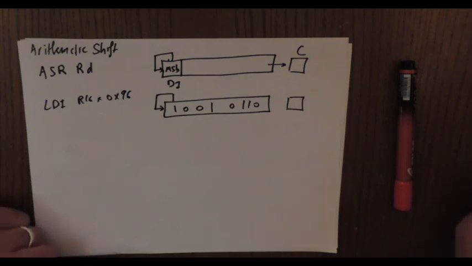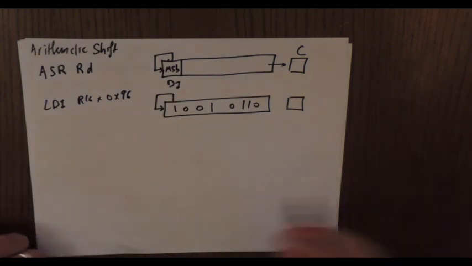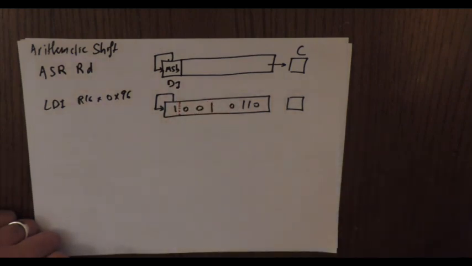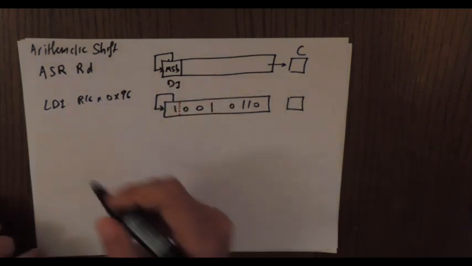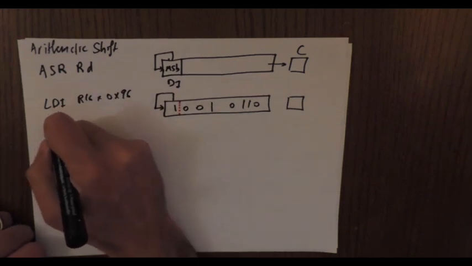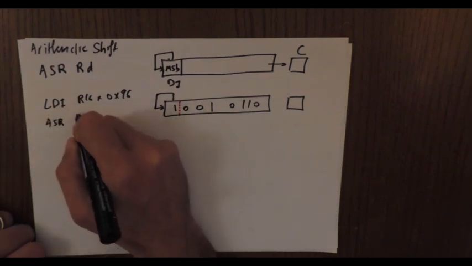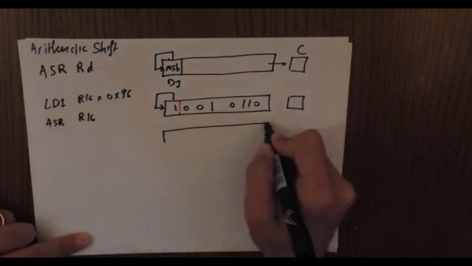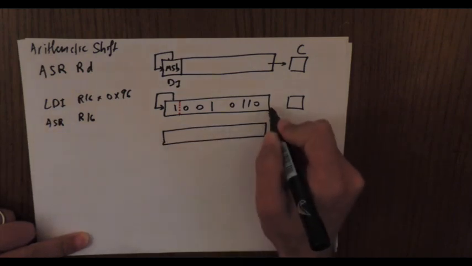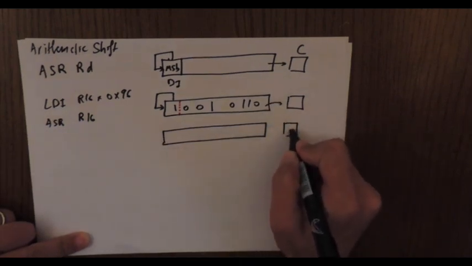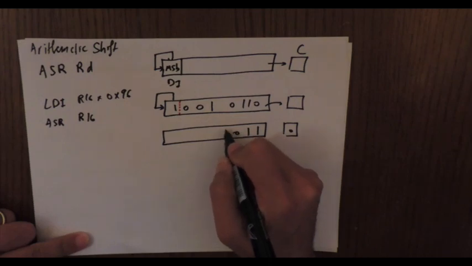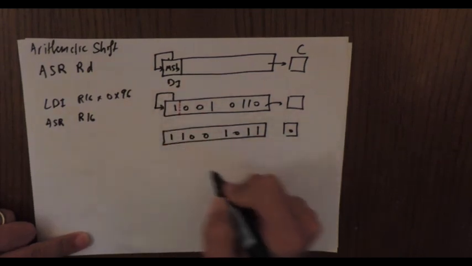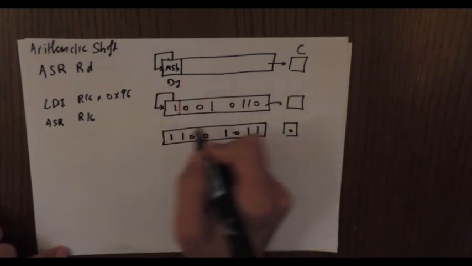We first isolate the 7th bit, D7, which is 1, so 1 will always be fed. When I do ASR R16, of course 0 will go into carry. Then we have 1 1 0 1 0 0 1, and this one will be regenerated again. So we're always feeding 1.